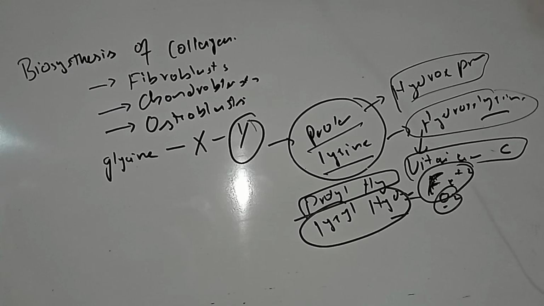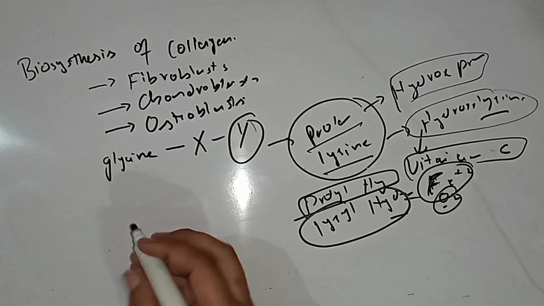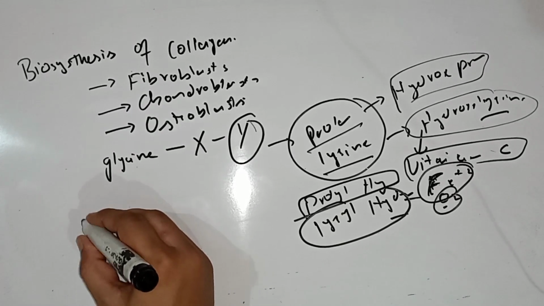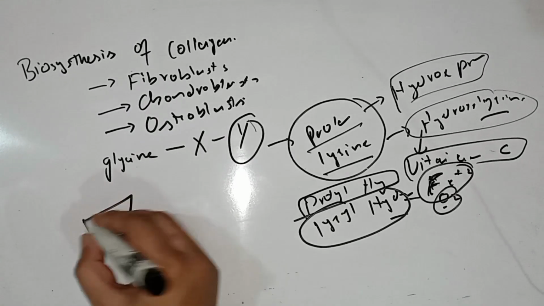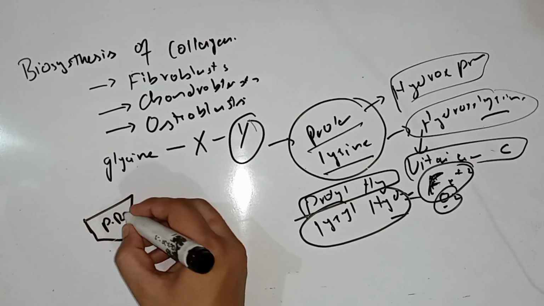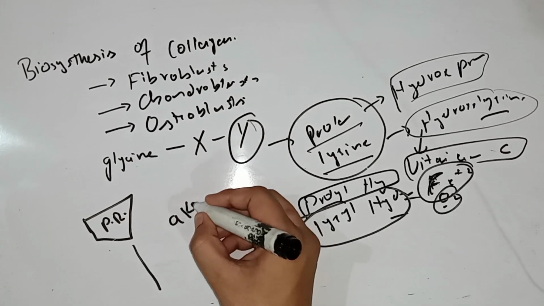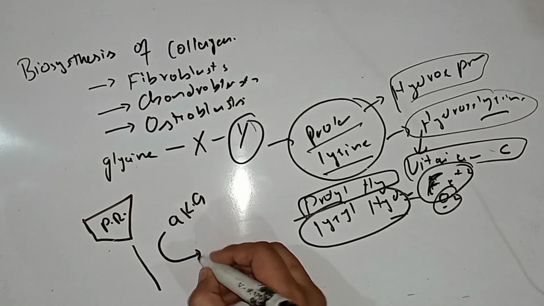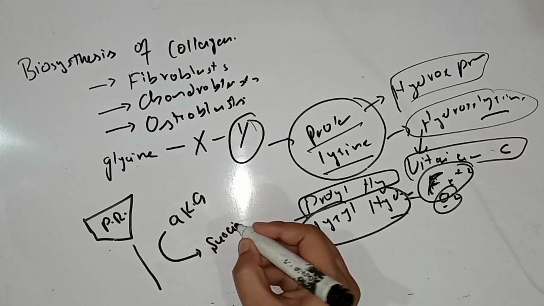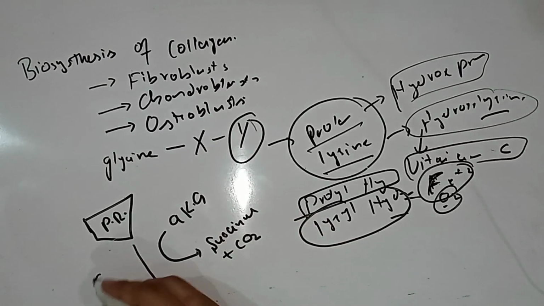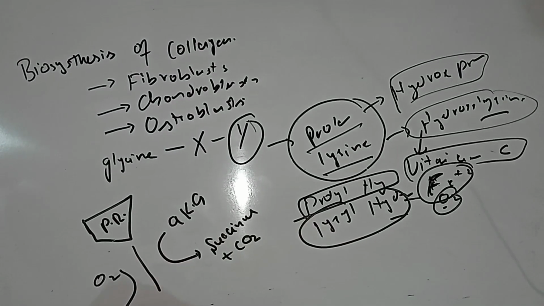How does this reaction occur? Let me show you. Supposedly, this is the prolyl residue here. Then here comes the molecule of alpha ketoglutarate, which gets converted to succinate plus a molecule of carbon dioxide, and here comes the oxygen, which gets converted to water.